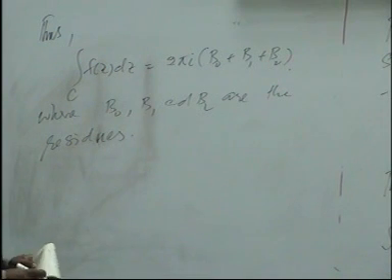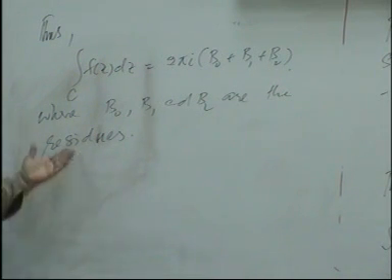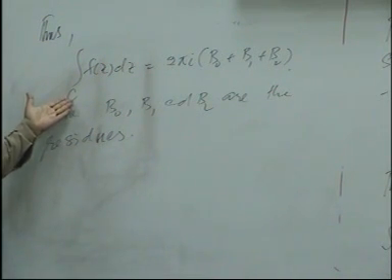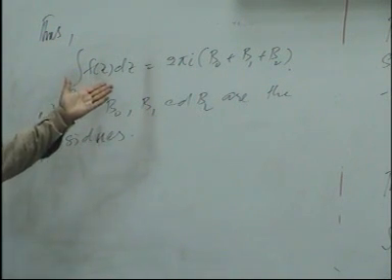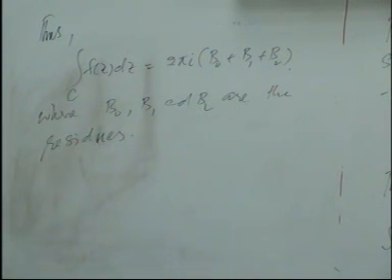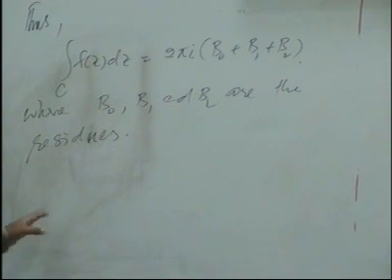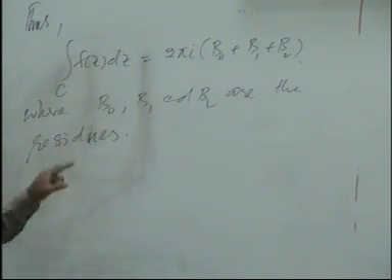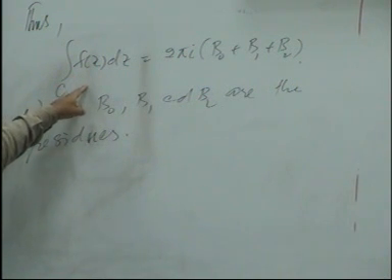So we can evaluate the given integral over the contour C by finding the 3 residues, adding them and multiplying by 2πi. That will give us the value of this contour integral.